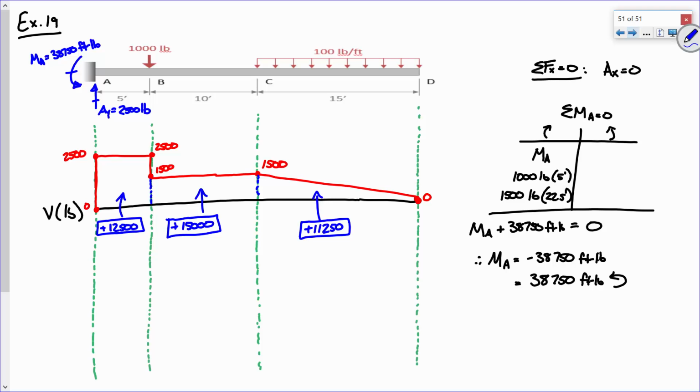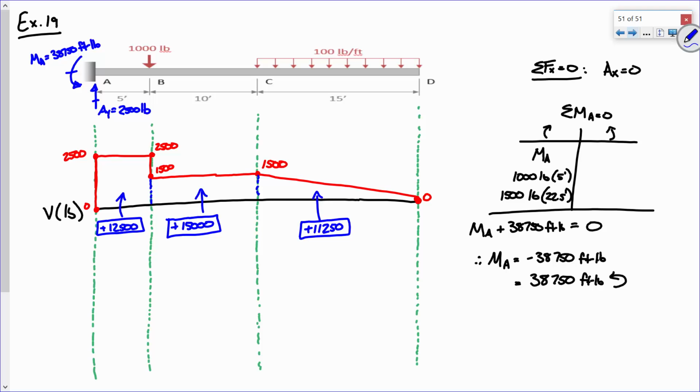But how much positive area is there? $38,750. Does that number seem familiar? That's the moment reaction.